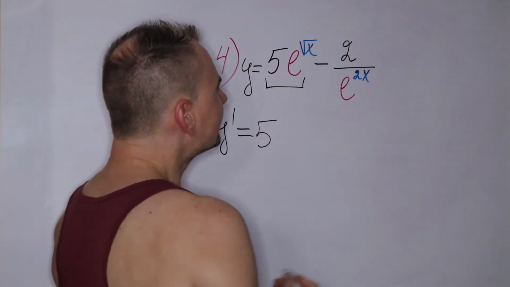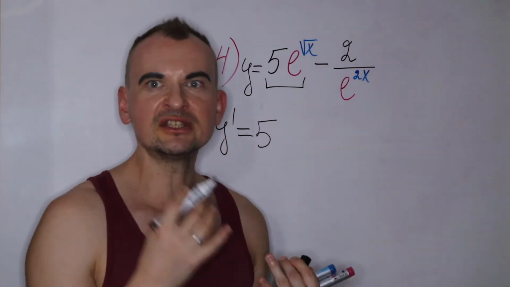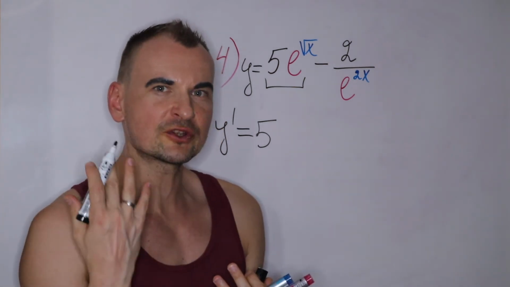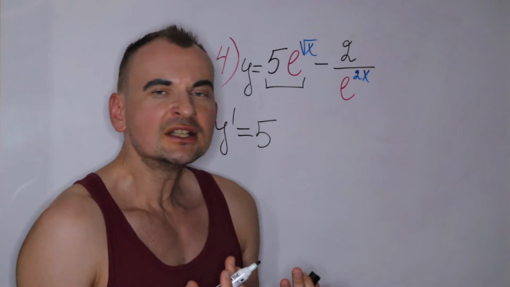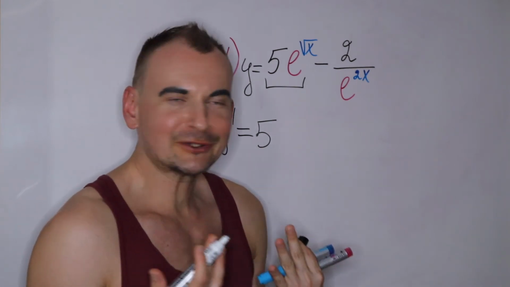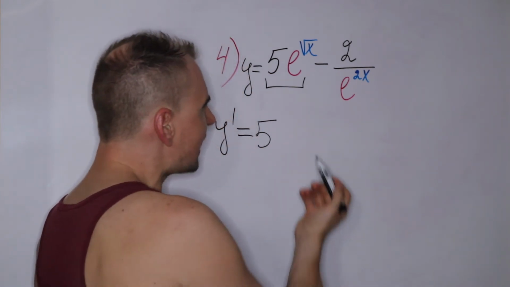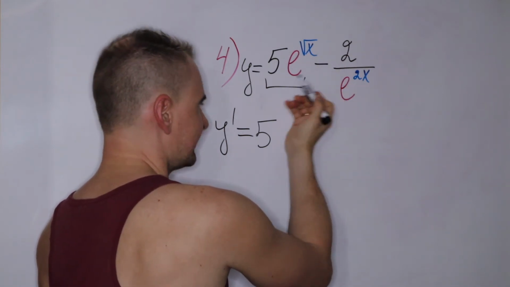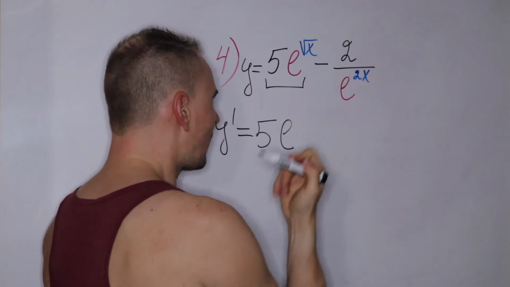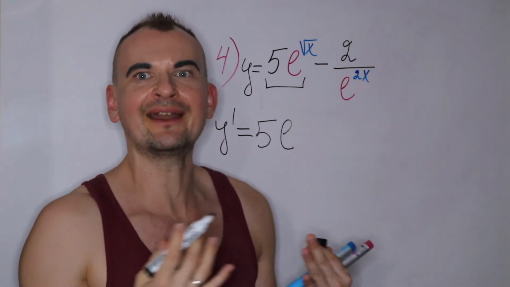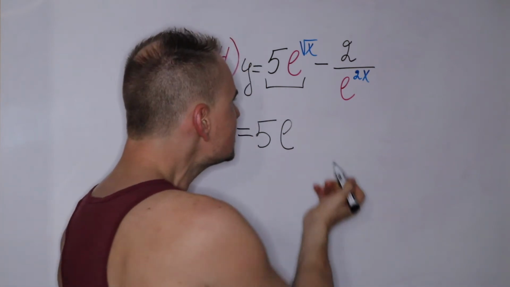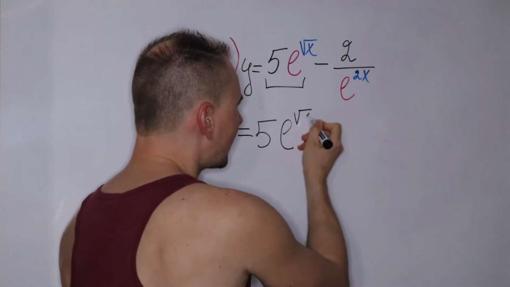Now you are given a composite function, e to the square root of x. As a quick reminder, you take the derivative of the outside function, which is e, and recall that the derivative of e to the u just remains the same function, e to the square root of x.